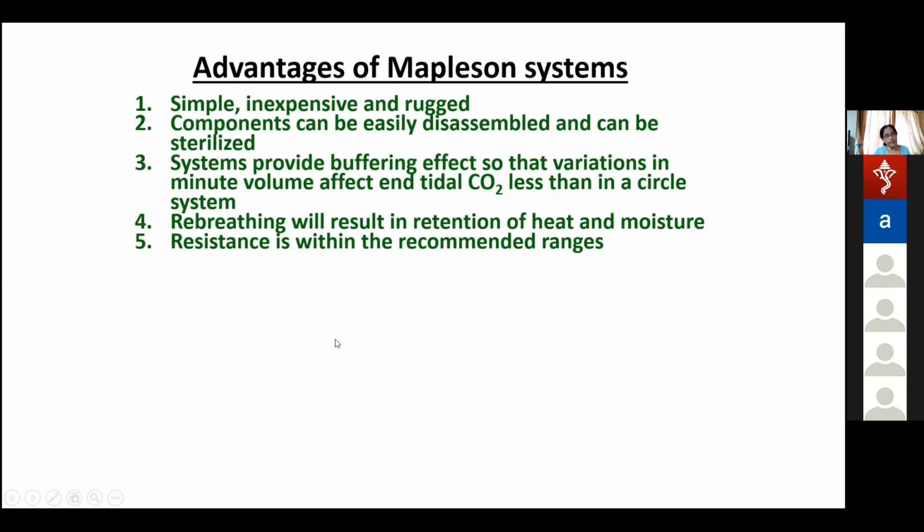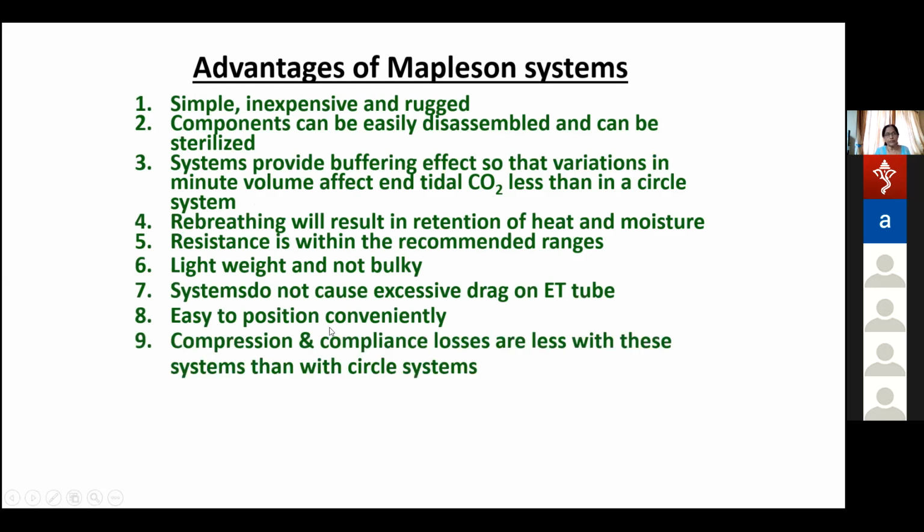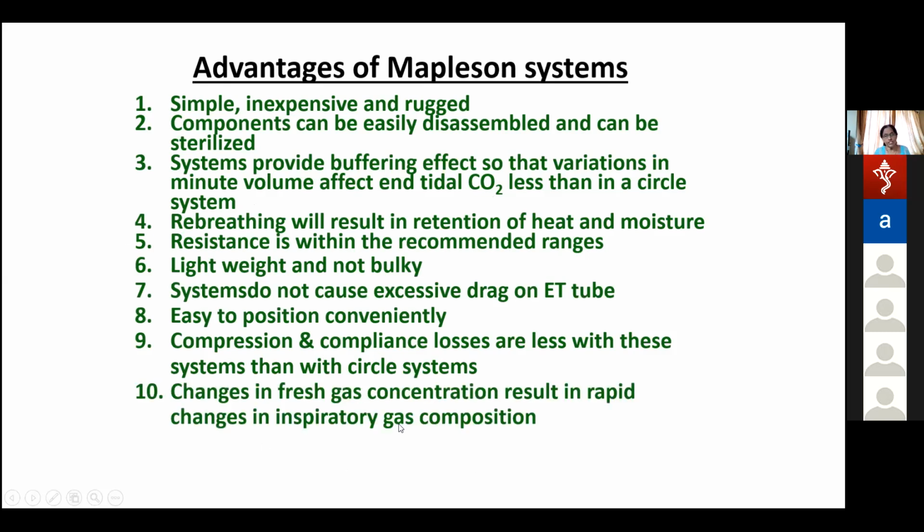Resistance is within the recommended ranges. Lightweight and not bulky. Systems do not cause excessive drag on the endotracheal tube. Easy to position conveniently. Compression and compliance losses are less with these systems than the circle system. And changes in fresh gas concentration result in rapid changes in inspired gas. These are all the advantages over the circle system.